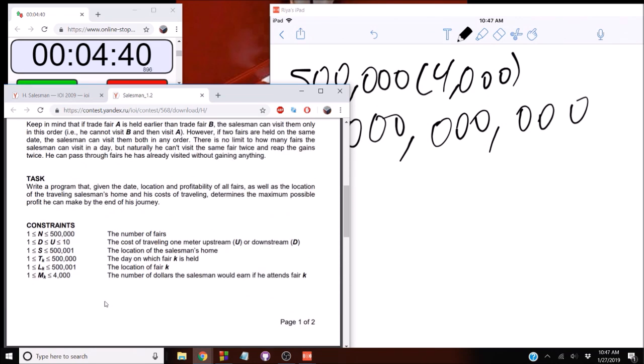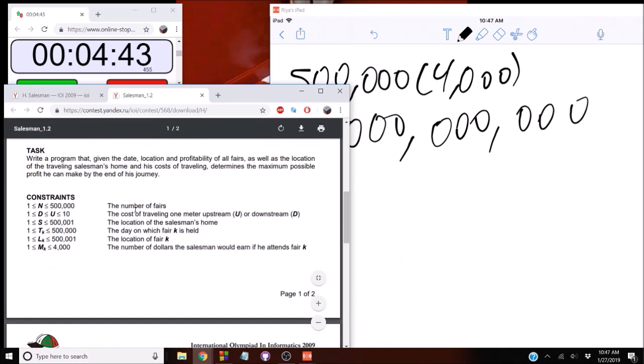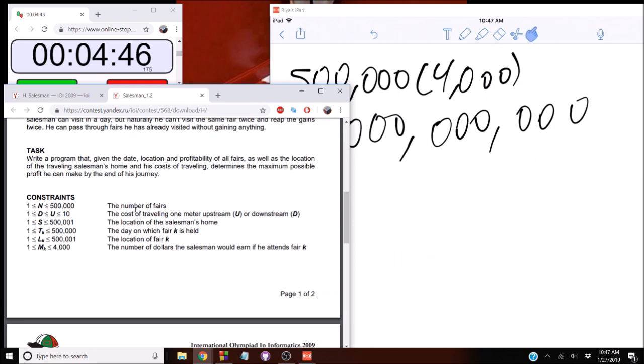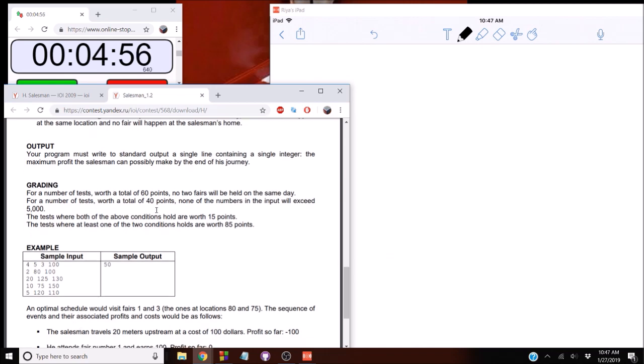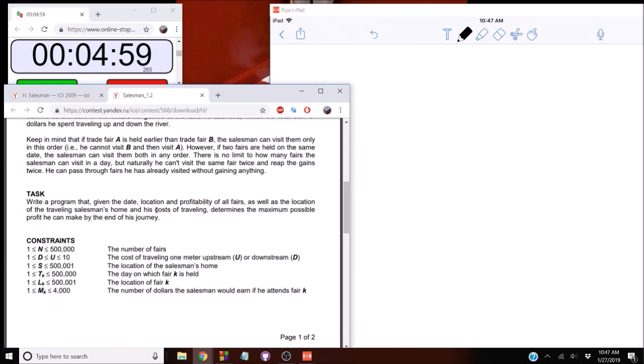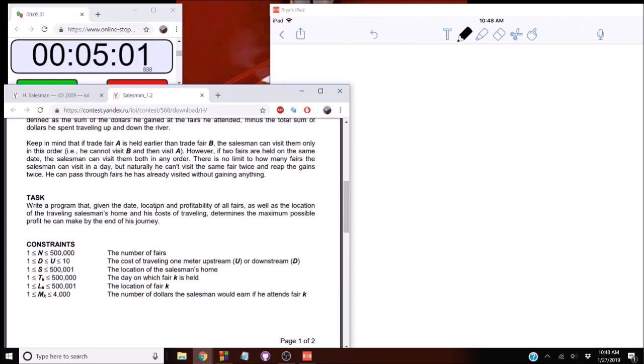Alright, so let me go with what I was thinking earlier in terms of sorting. This is because the order has to be previous day to next day, unless they're on the same day. Okay, let's just say, and this is obviously too slow, but it's just the first thing, DP of event equals min cost.